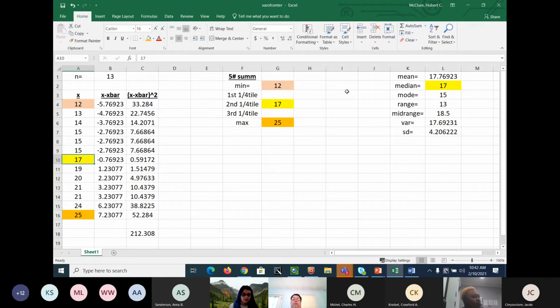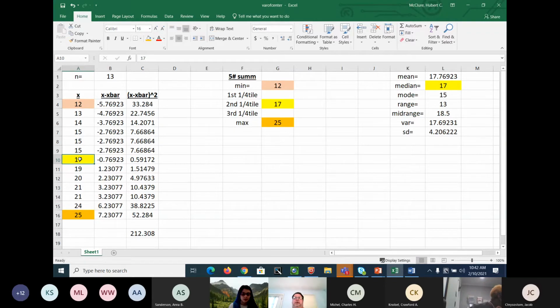All right. Now, this is how you find the first quartile. How many numbers are above 17 right there? 1, 2, 3, 4, 5, 6. How do I find the median of 6 numbers? 6 is even.